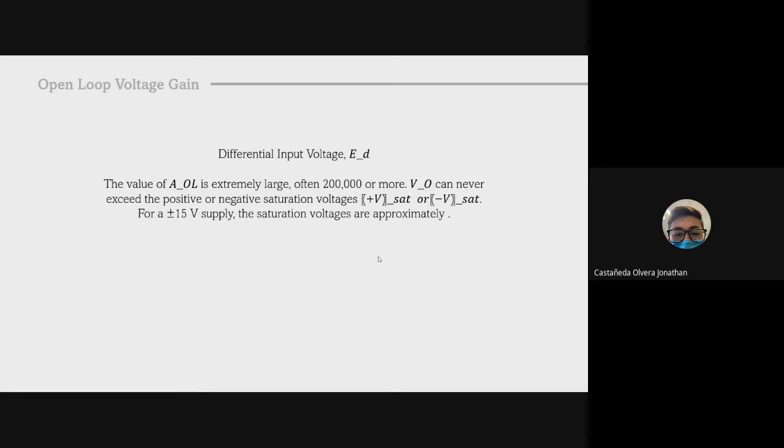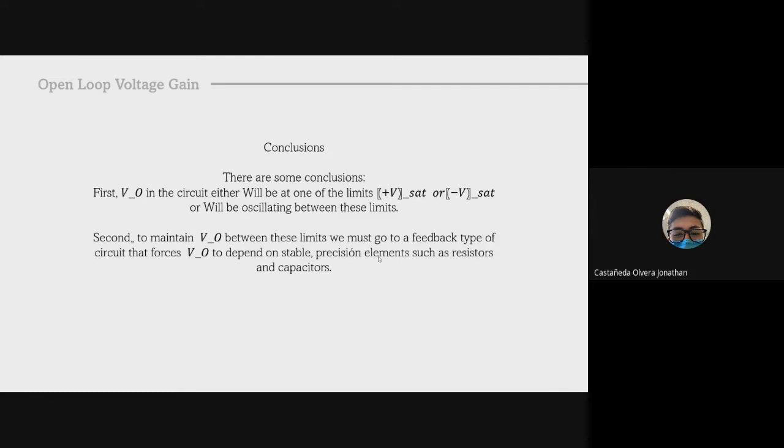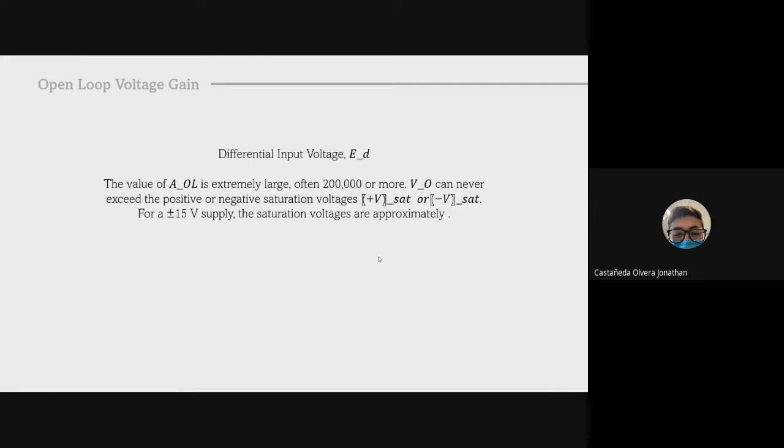For a plus minus 15 volts supply, the saturation voltages are approximately plus minus 13 volts. And here we can see the formula.